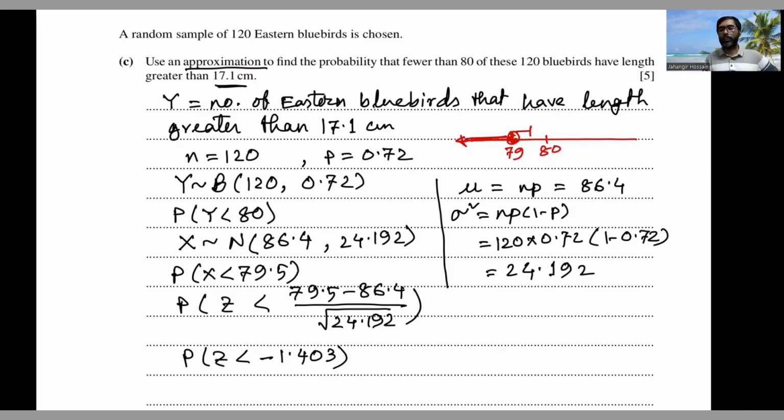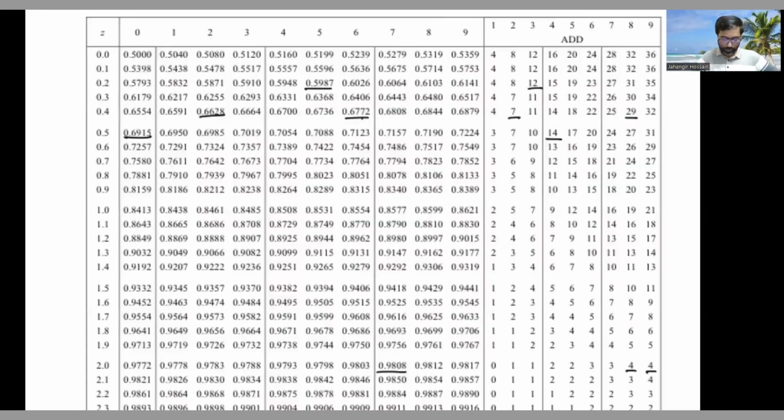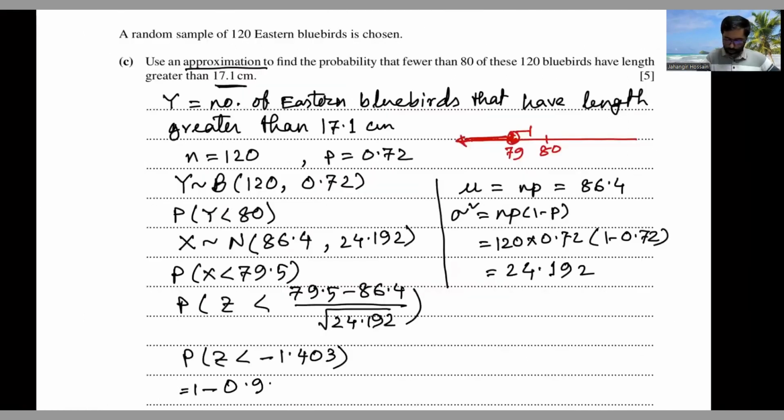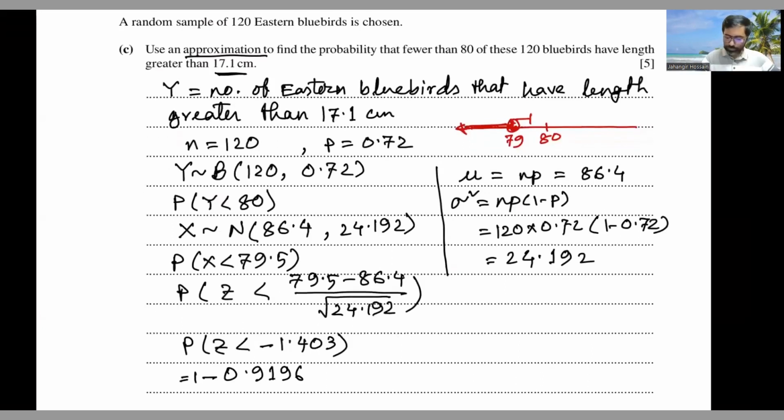That is 1 minus the probability Z less than 1.4034, and we have to add 4. So 1 minus 0.9196, that is 0.0804. That's the probability that fewer than 80 of these 120 bluebirds have length greater than 17.1 centimeters.